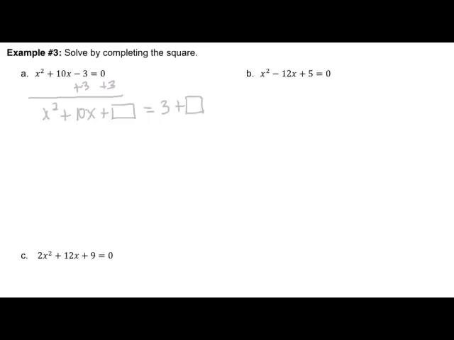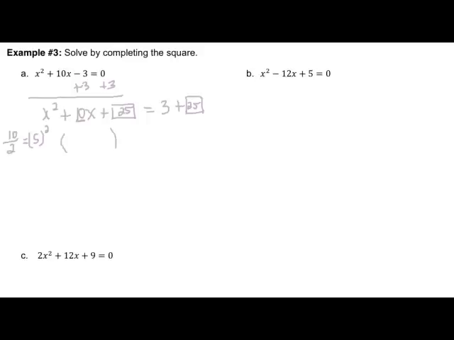So then from here, we need to find out what needs to go in our box. Remember, we take our b term, so that's what's in front of our x, so that's 10. We divide that by 2, which we know is 5, and then we square that, which is 25. So 25 is going to go in both of our boxes.